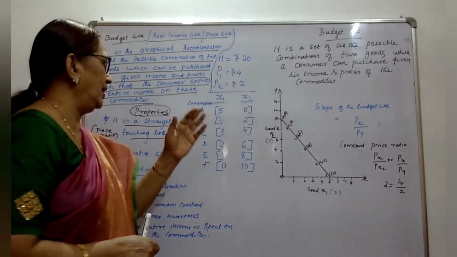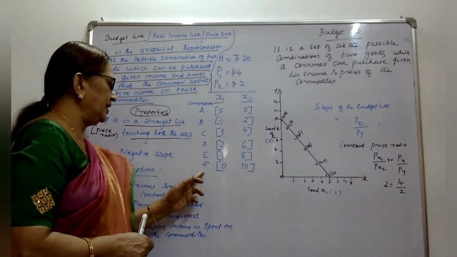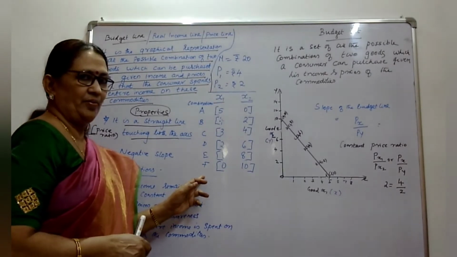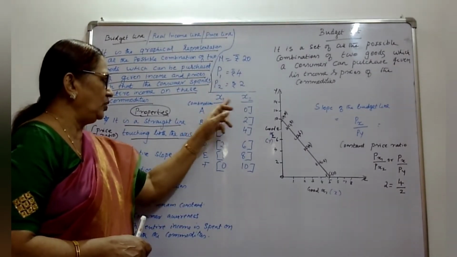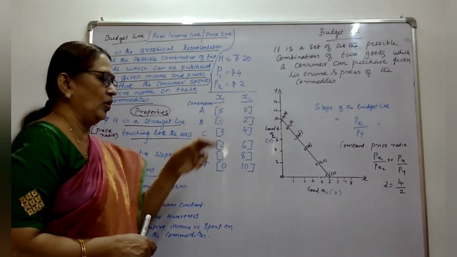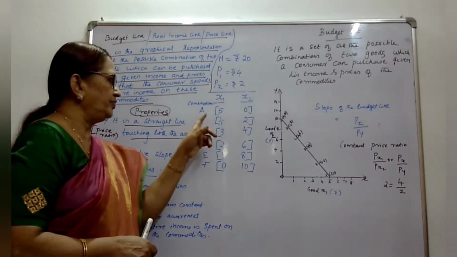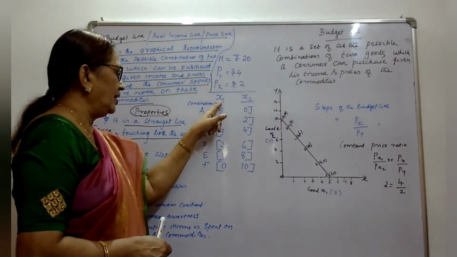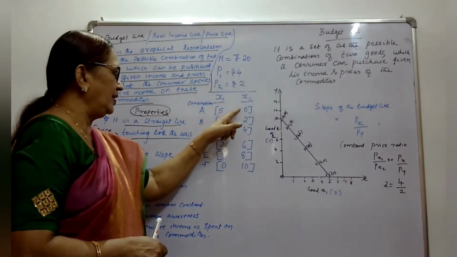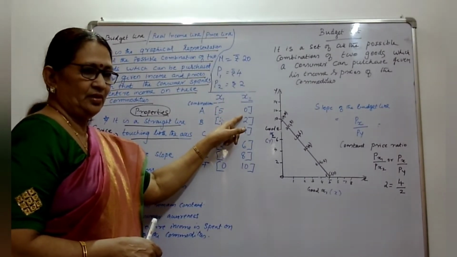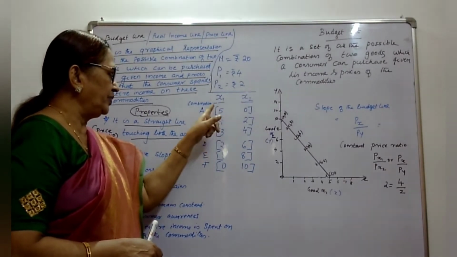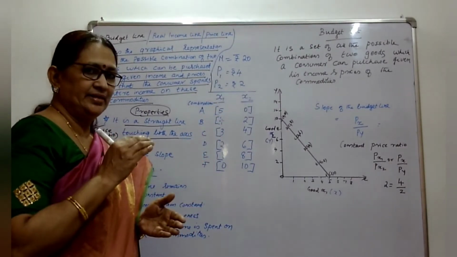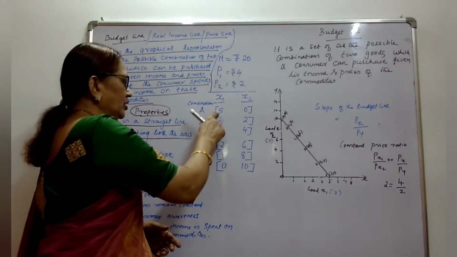You can see here combinations A, B, C, D, E, F. Six combinations are given. Two goods are given, X1, X2, or we can name them X and Y. In the first combination, 5, 0: the first bundle contains 5 units of X1. The consumer is spending his entire income on the commodity X1.